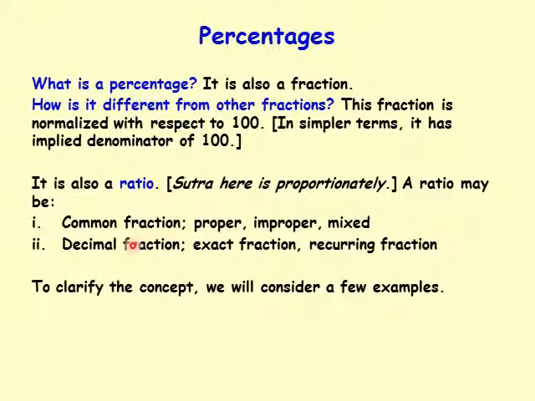It might be a decimal fraction, which could be an exact fraction or recurring fraction. To clarify the concept, we will consider a few examples. So first we know it's a fraction or a ratio, the denominator is implied to be 100, and the ratio could be a common fraction or decimal fraction.